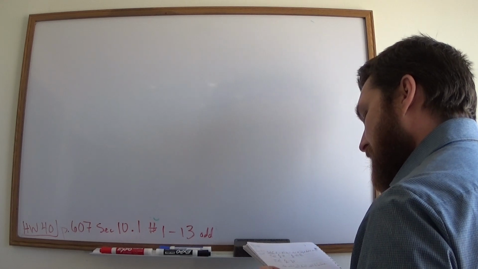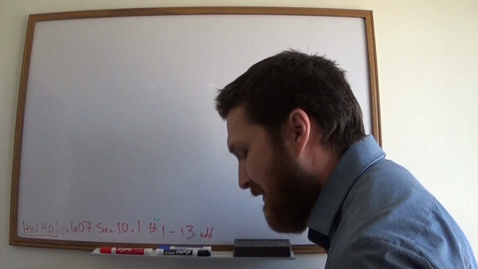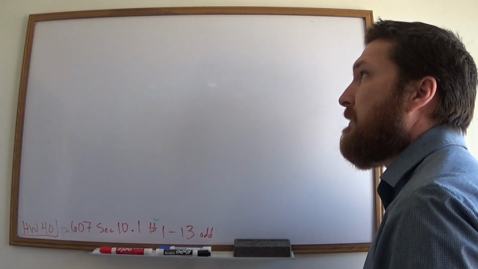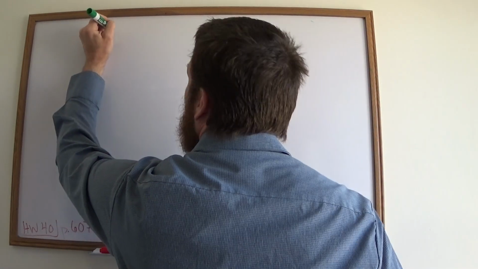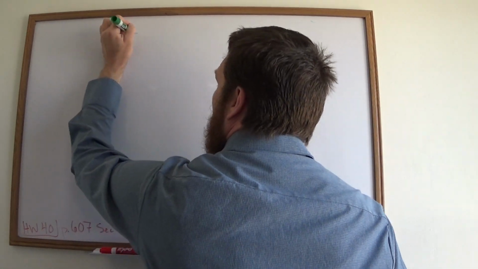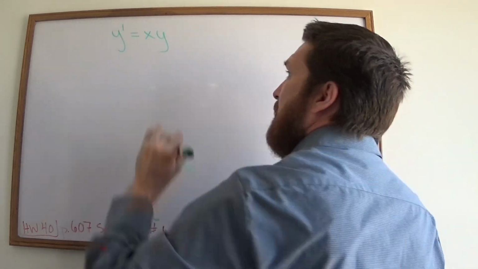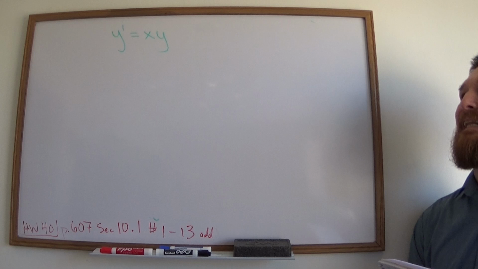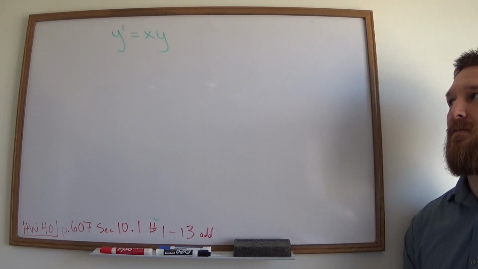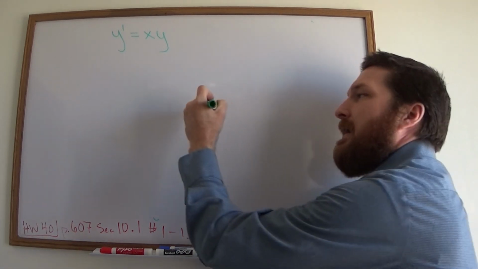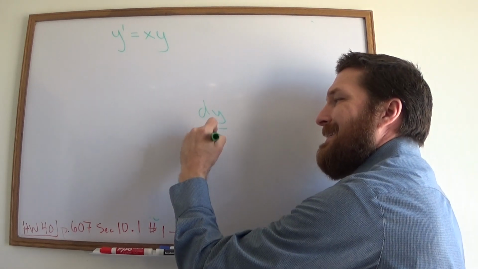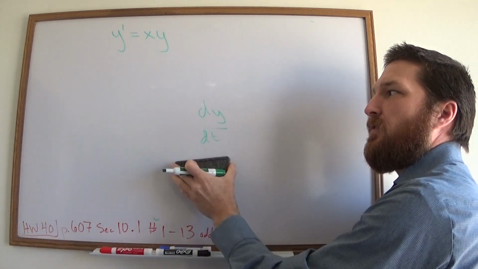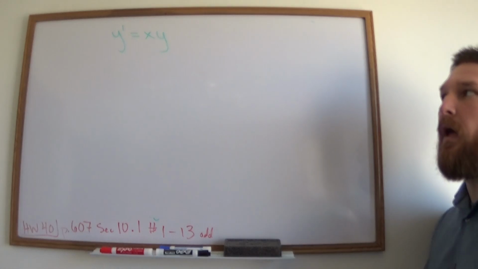The independent variable, the input, does not need to be time. It could be anything. For instance, this is a differential equation, and it's implicitly telling us, because I didn't write dy dt, so it's like, well, you took the derivative with respect to what?